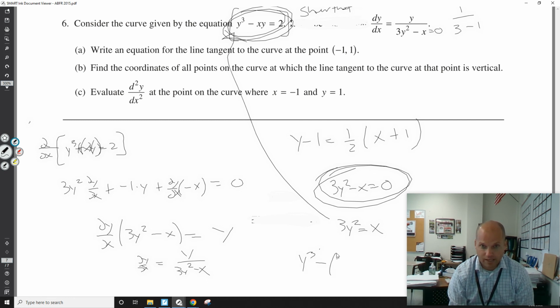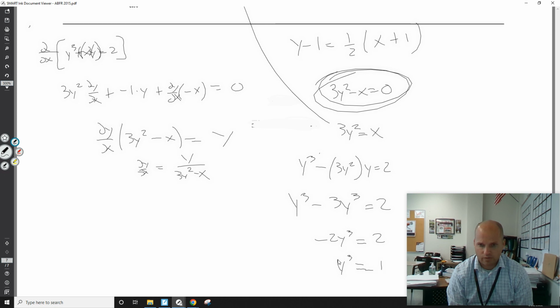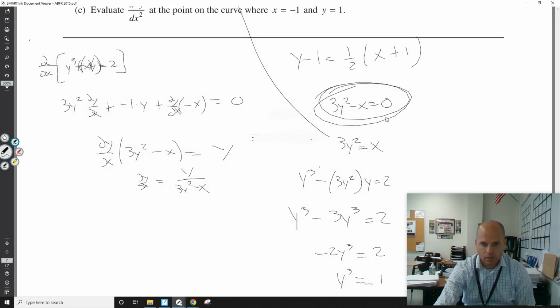Wherever I see x, replace it with 3y squared, giving me y cubed minus 3y cubed equals 2. Negative 2y cubed equals 2. Y cubed equals -1, which means y equals -1. Find the points.